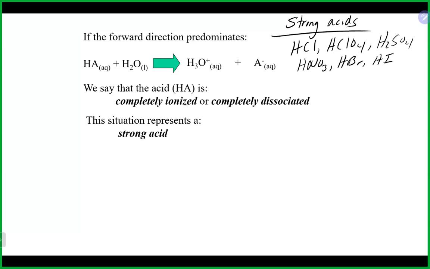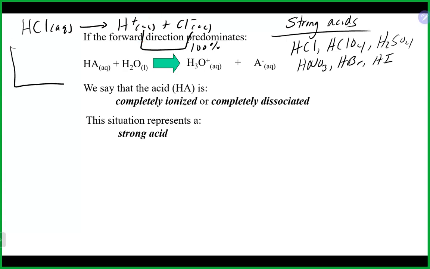What they all share in common is they are strong electrolytes. They're going to completely break apart. So once again, if you had a solution of hydrochloric acid, it will 100% break apart into H plus and Cl minus. You would have in that solution 100% of those ions. You would have nothing else floating around basically.